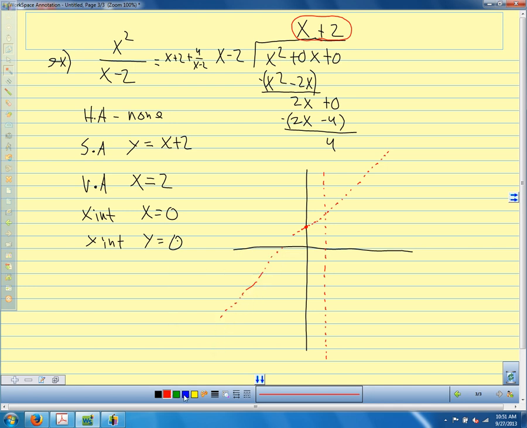We know that our graph has an intercept at 0, 0. Could the graph go somewhere up in here? If it went up in here, wouldn't it have to come back and go through the x-axis again? So we know it doesn't go up in here. So our graph on this side is going to do this.